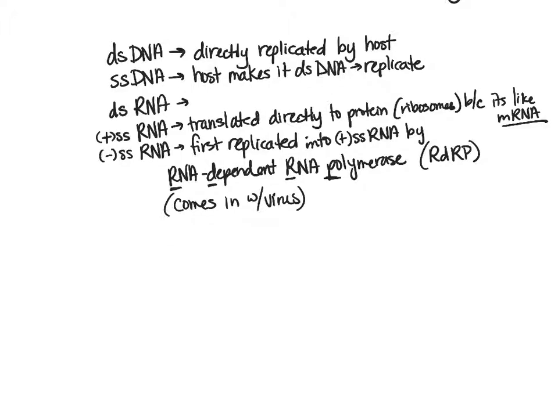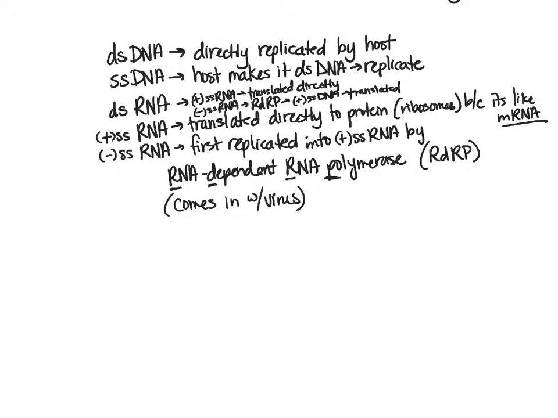So it's going to separate it, and the positive single strand is going to be translated directly. The negative single strand RNA is going to use the RDRP to make the positive single strand to then be translated.